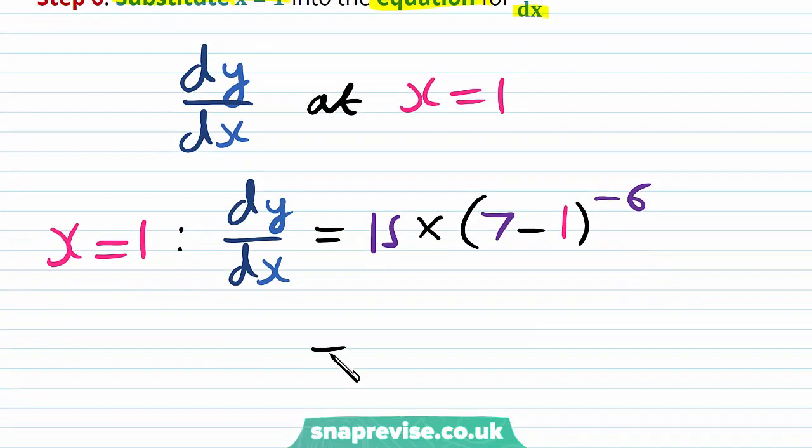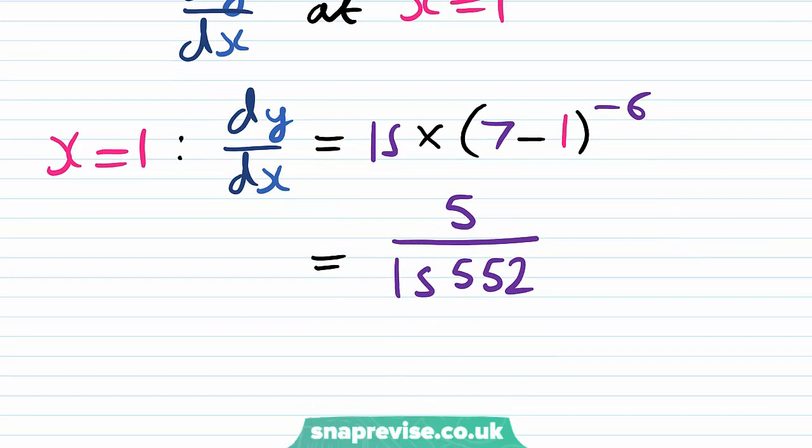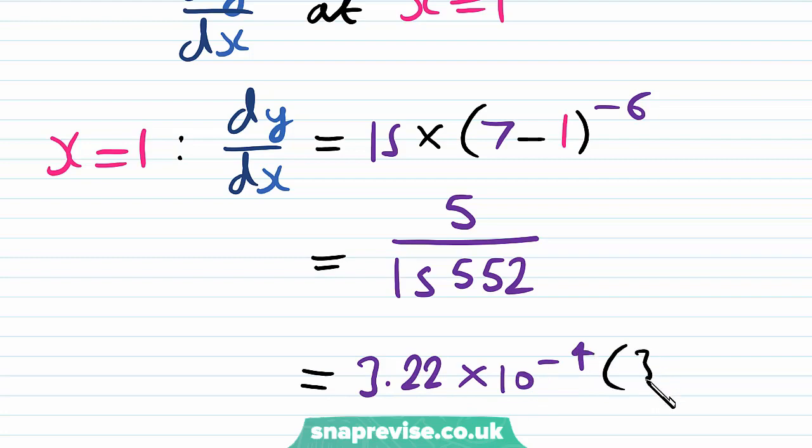And so, since 7 minus 1 is 6, we have 15 times 6 to the power of minus 6, and as a fraction, this is 5 divided by 15,552, and as a decimal is equal to 3.22 times 10 to the power of minus 4 to 3 significant figures.